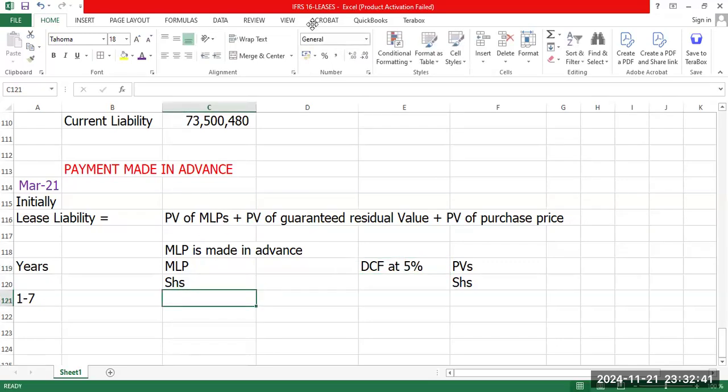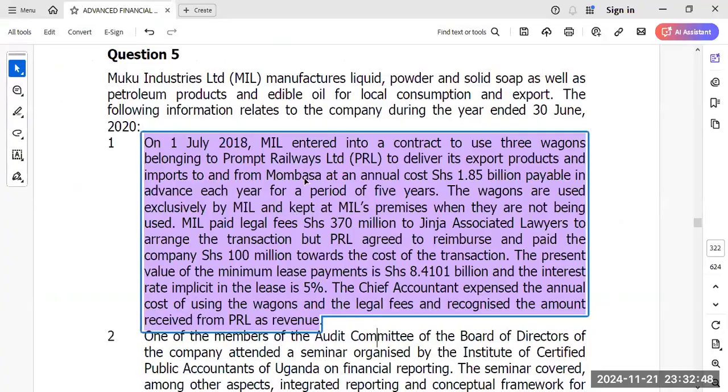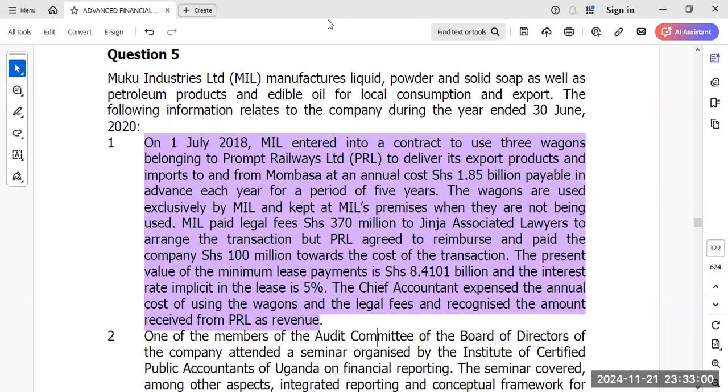So the minimum lease payments: the annual cost payable in advance each year. So 1.85 billion.